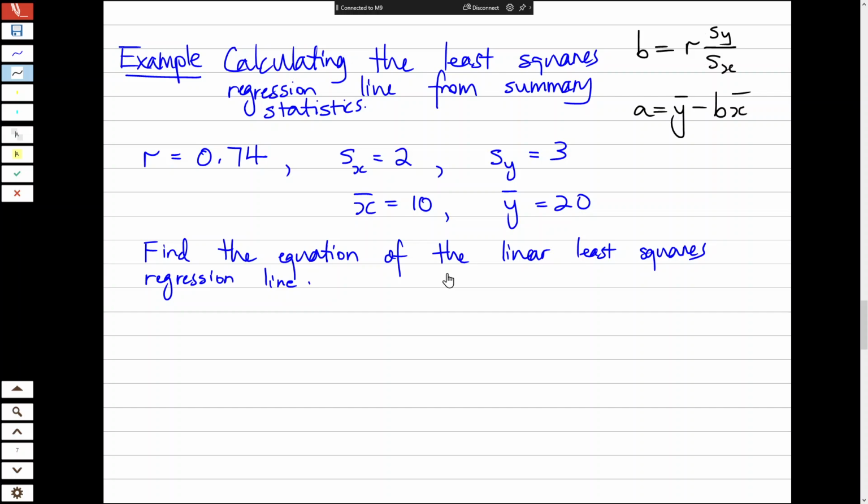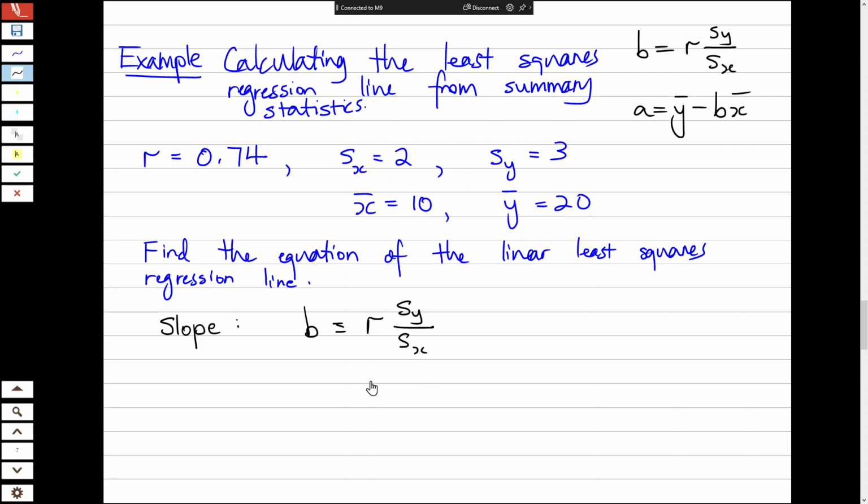So this question is actually quite straightforward. You don't even need to know the theory. You just need to know these two formulas and then apply them. First, we'll start with the slope. So B is R times Sy divided by Sx.